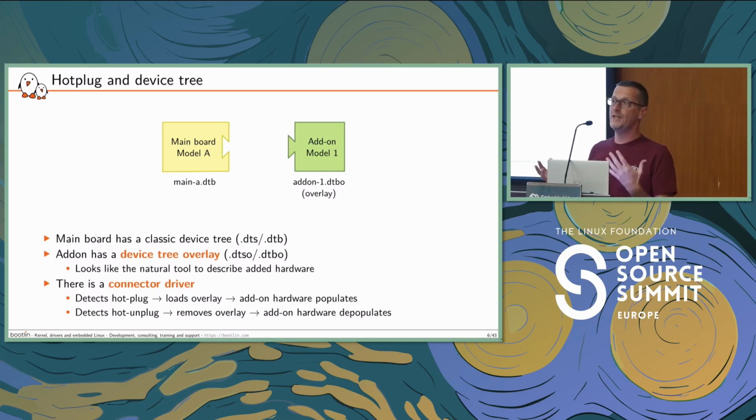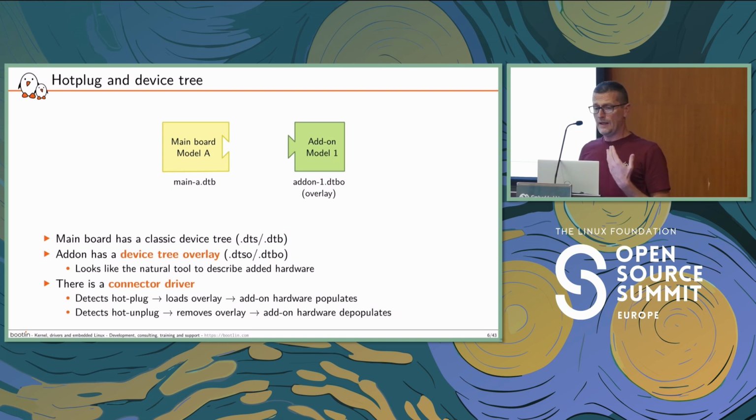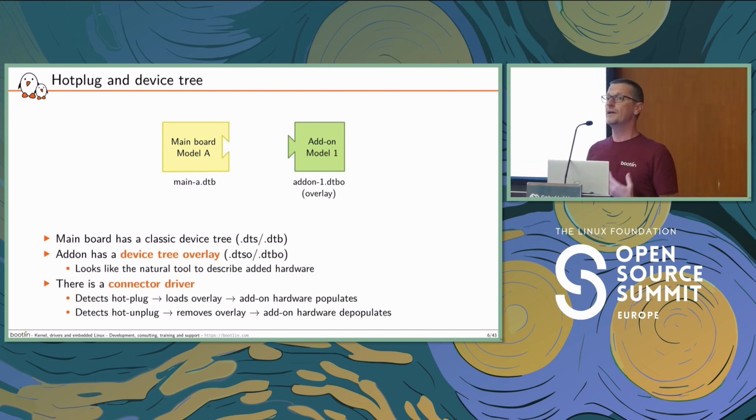Device tree overlays already exist, so we are proposing to use those overlays to support this kind of use case, but those should be loadable at runtime, because in our system the add-on can be connected and disconnected at runtime.